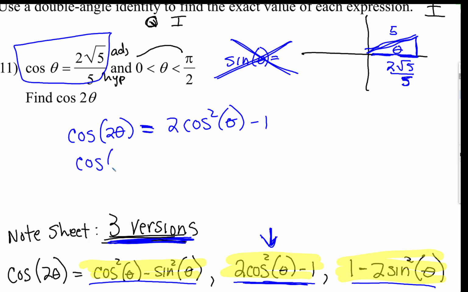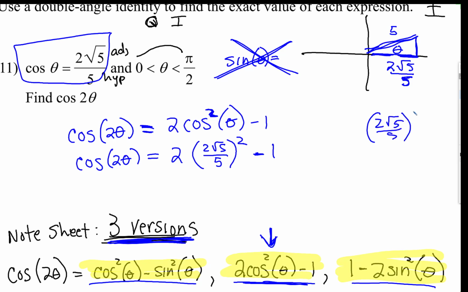So I'm going to write it again, but this time fill in the values. So 2 times cosine theta squared, well, cosine is 2 root 5 over 5, and now we're squaring it because of this. We have to square it, and then we subtract 1. So over to the side someplace, do 2 root 5 over 5. That means each part gets squared.